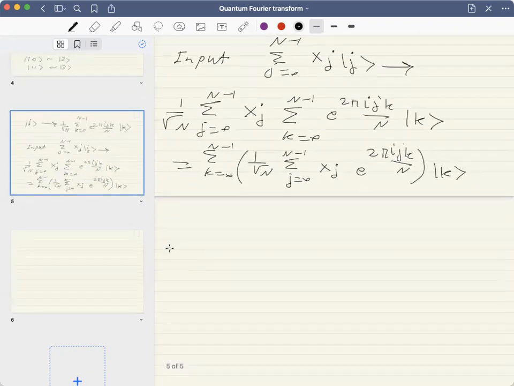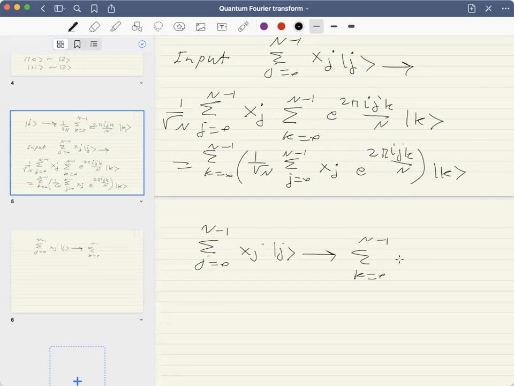So this machine sends sum over j to sum over k, y_k, k, right? So you put the numbers you want to Fourier transform as the amplitudes of some incoming state, each multiplying one of the basis states.